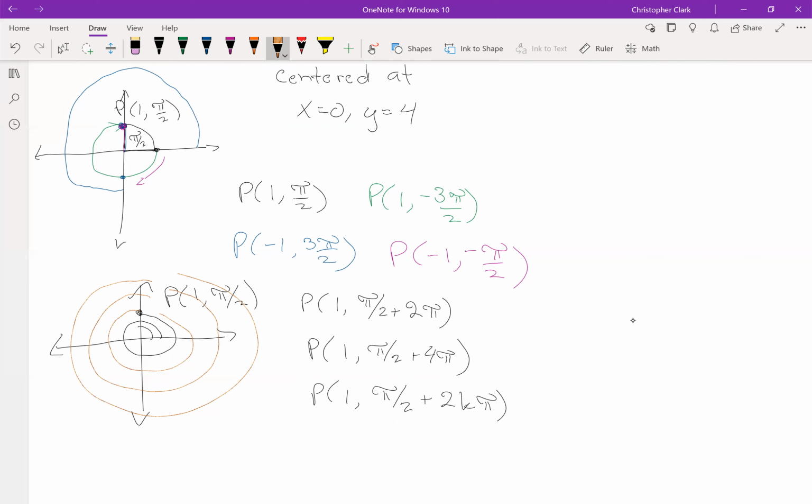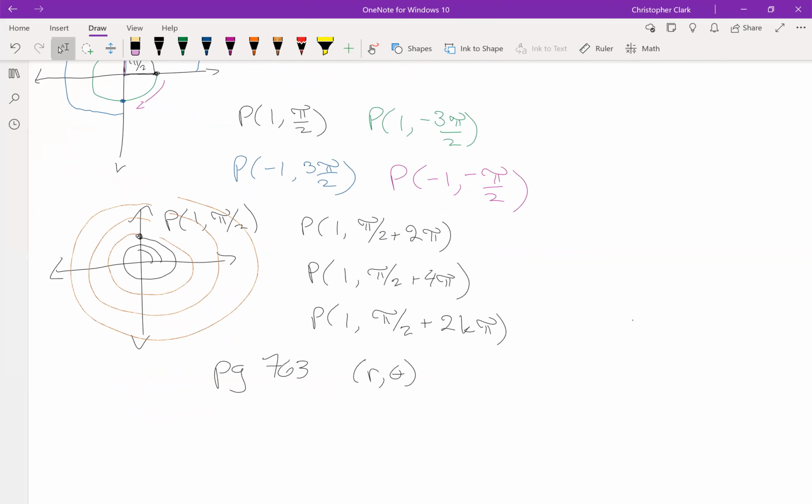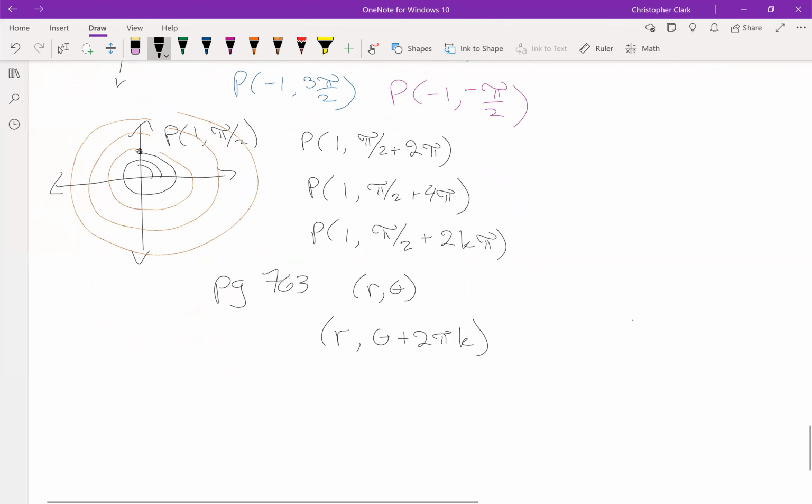So there's a summary on page 763 that talks about the fact that a point (r, θ) can be represented by any point that has the form (r, θ + 2kπ), or 2πk as your book writes it.